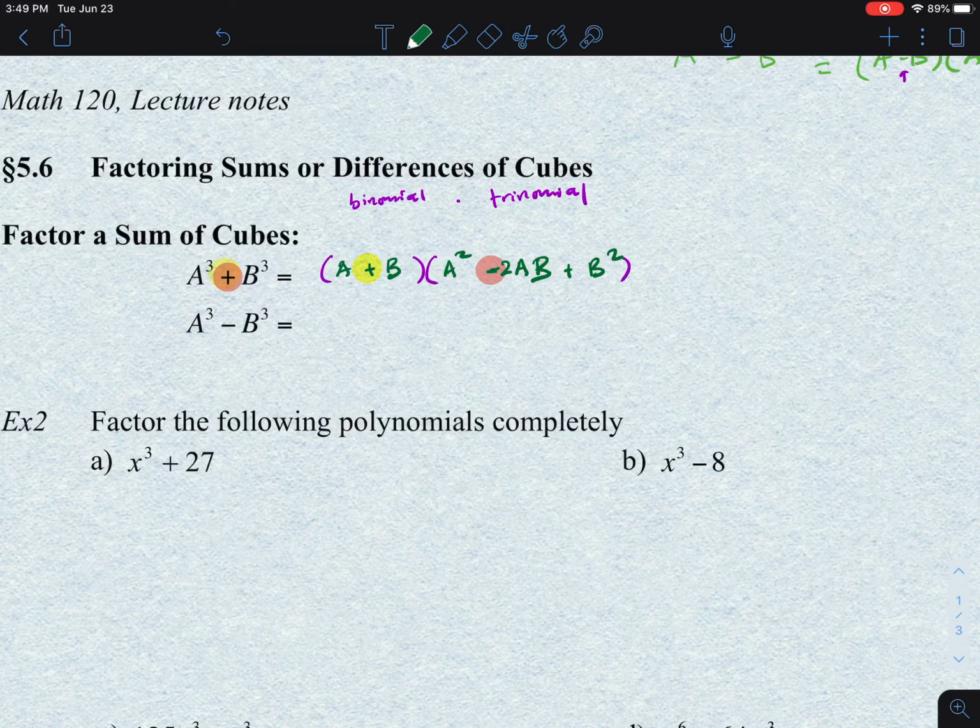So we said the first factor has the same sign, and the second factor's middle term has the opposite sign. Okay, so that's what we did there.